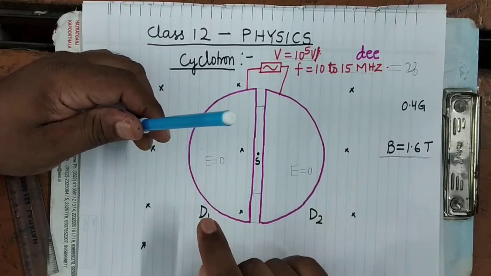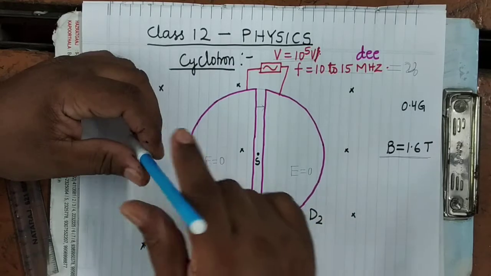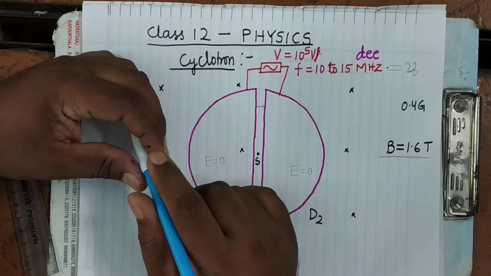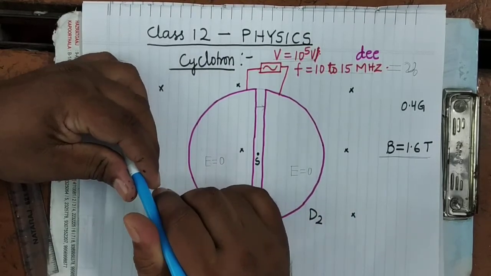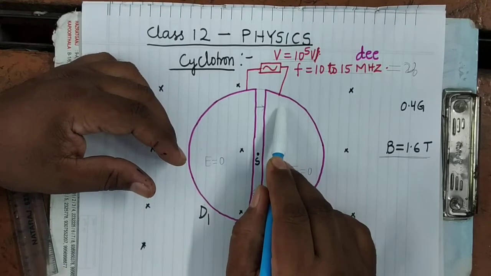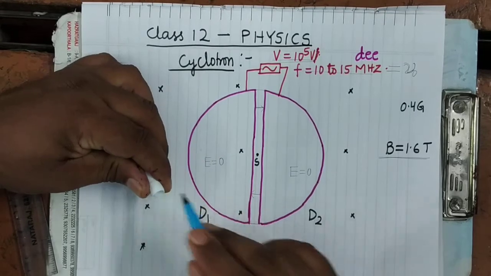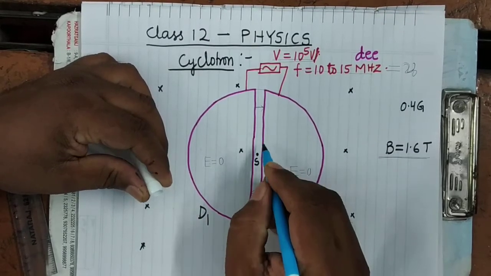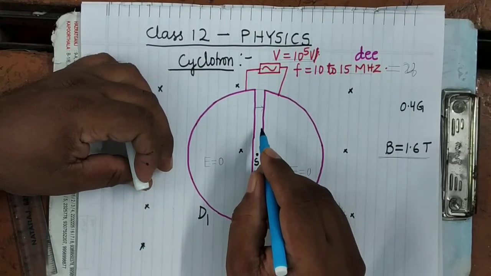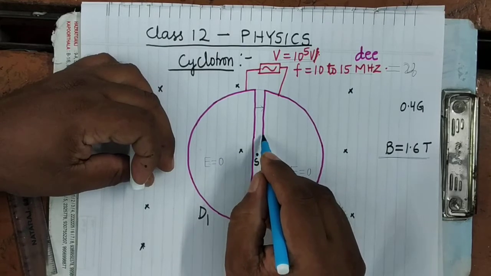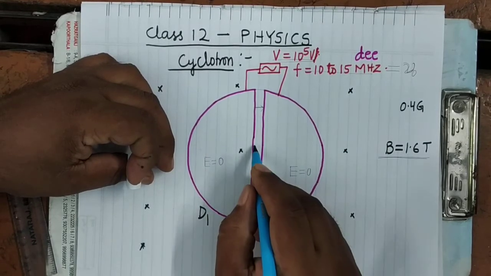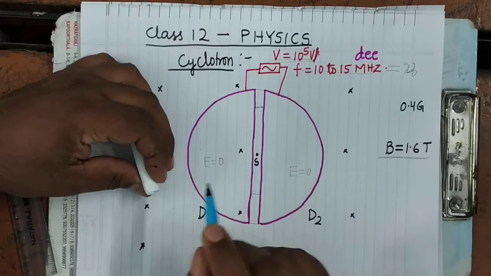It will accelerate towards D2. And why it will accelerate? Because the electric field is acting in this direction. This is the positively charged particle it emits. Therefore, the positively charged particle will experience the electric force in the direction of electric field. Therefore, it will accelerate, its speed will increase.